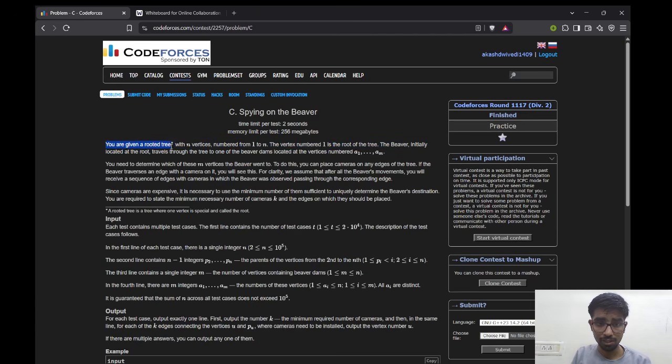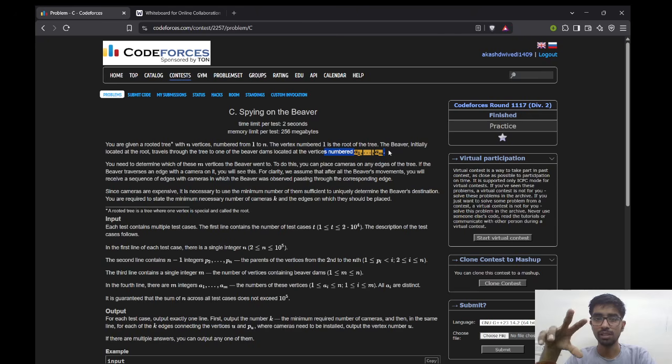In this problem, we are given a rooted tree of n vertices numbered from 1 to n. Okay. The vertex number 1 is the root of the tree. The beaver is initially located at the root and travels through the tree.